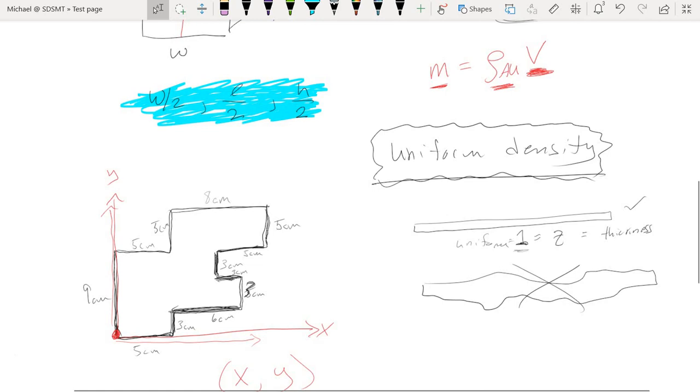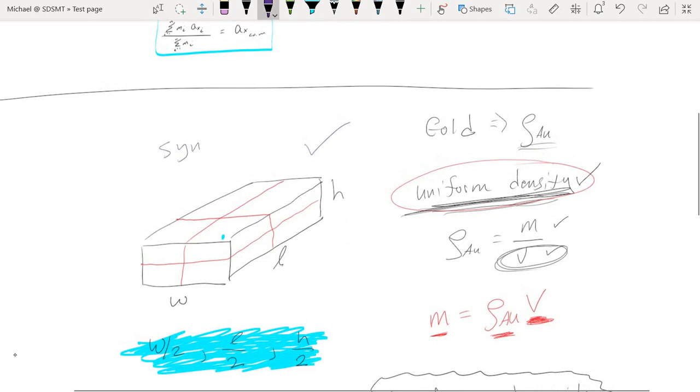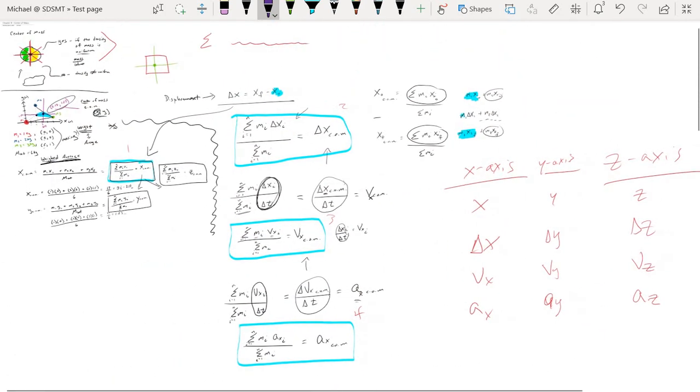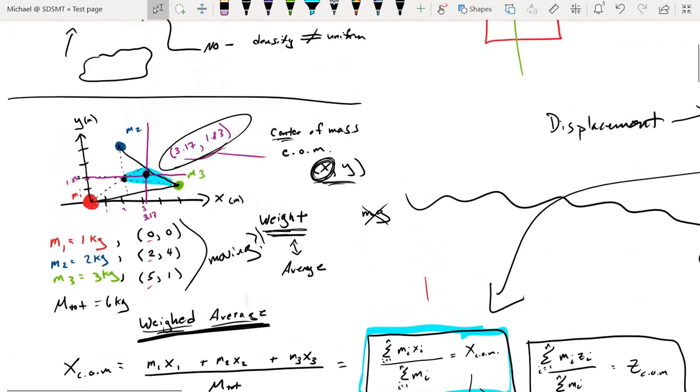But could we take the idea of cutting up these symmetric pieces and pair it with the particle example?